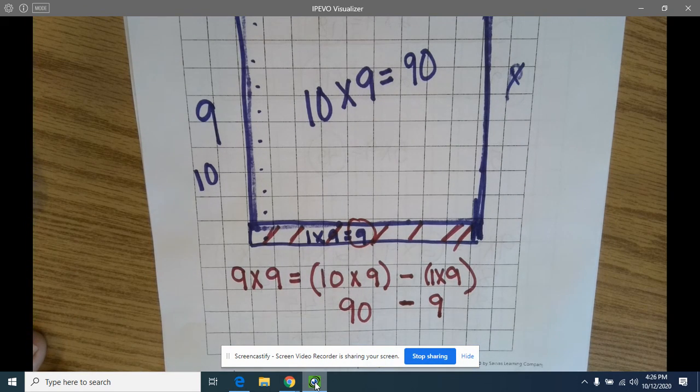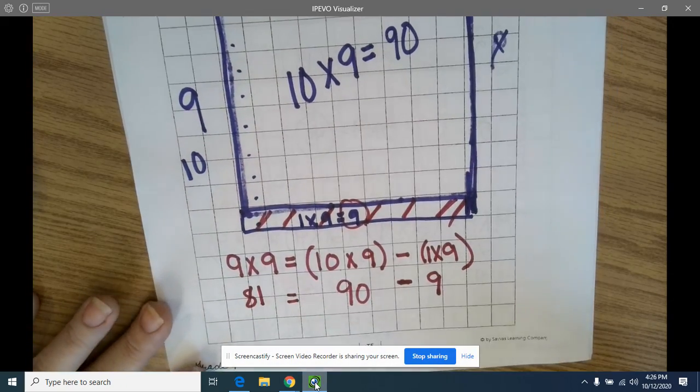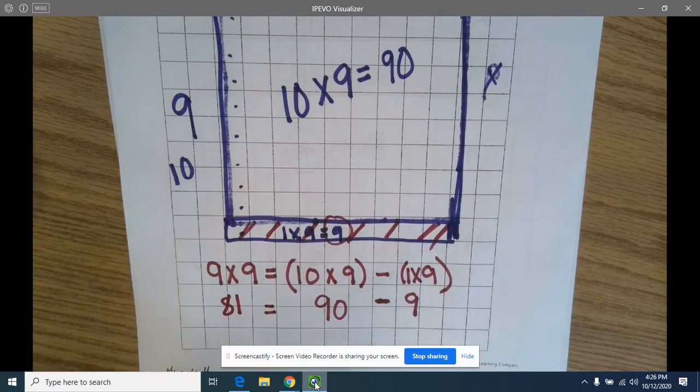Think to yourself, what is 90 minus 9? I might take away 10 and then put one more back on. What is your strategy? If you said 81, you are correct.